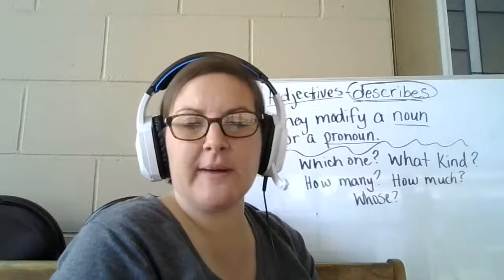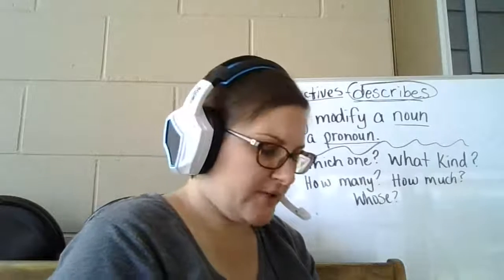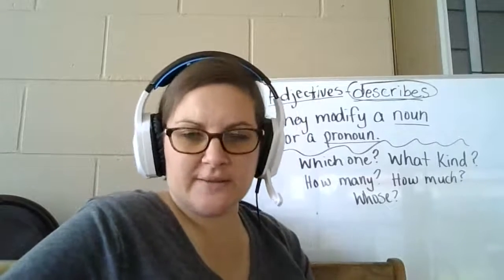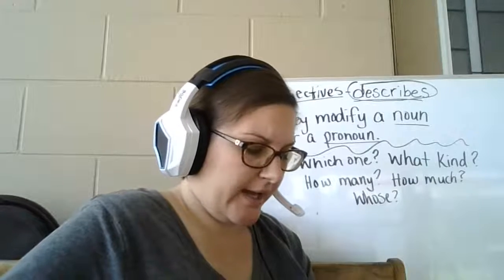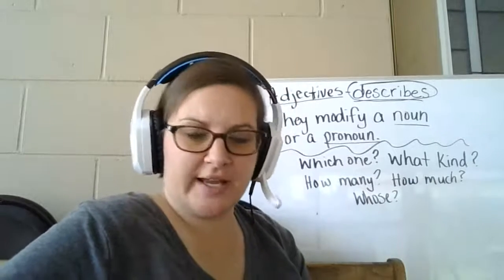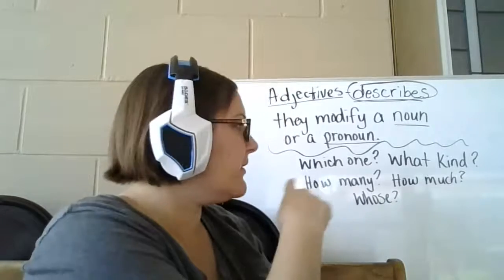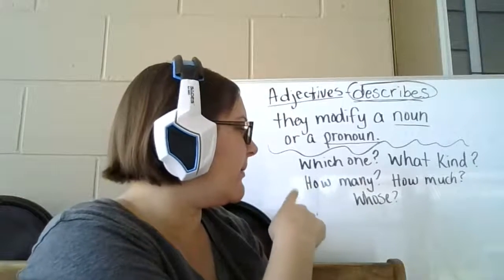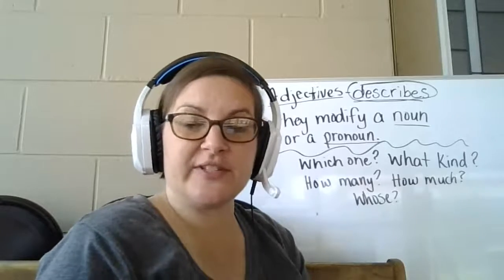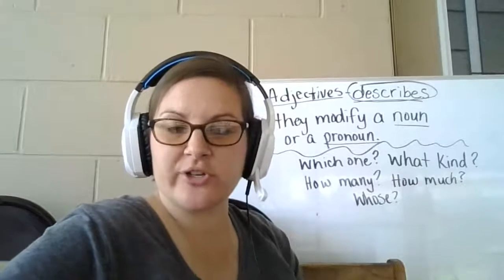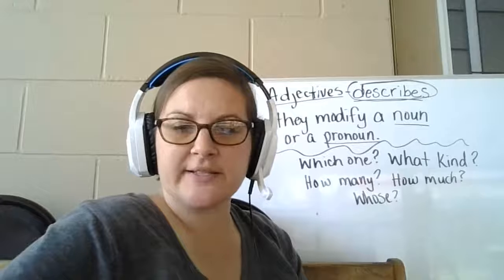Eric's is going to be my adjective. So underline the word Eric's. And what question are we answering? Is it which one, what kind, how many, how much, or whose? If it's Eric's book, what question are we answering?